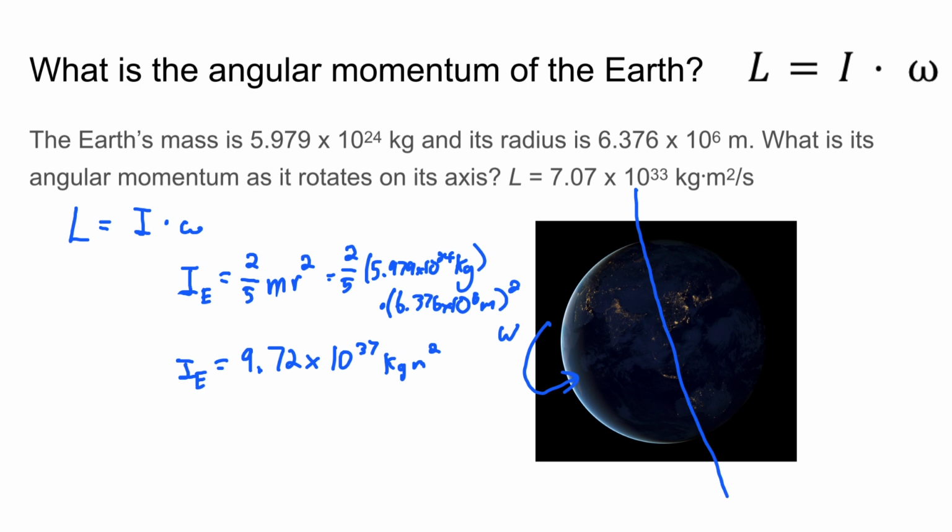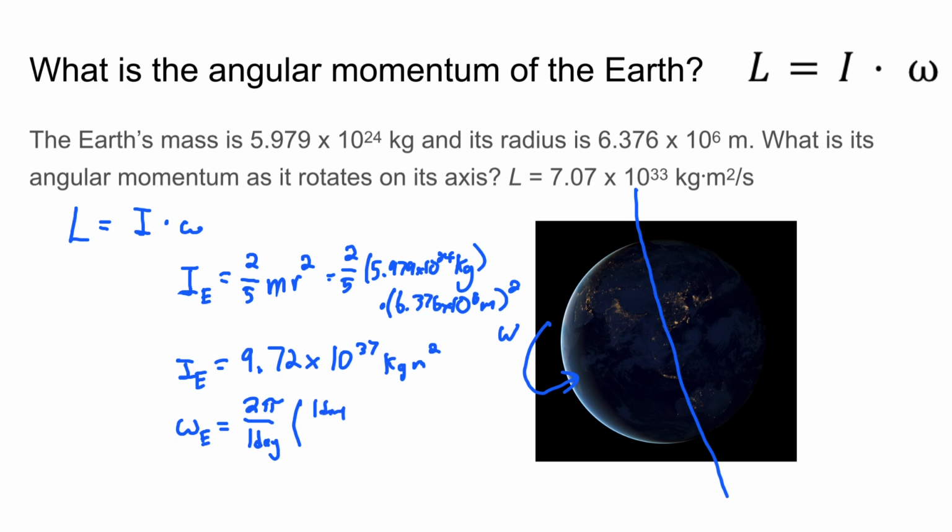Then we want to think about our angular velocity. The angular velocity for the Earth equals the amount of radians it goes through over a period of time, which will just be 2 pi, since we can think about how much time it takes to make one full rotation. It makes 2 pi, or 360 degrees, worth of rotation over the span of 1 day.